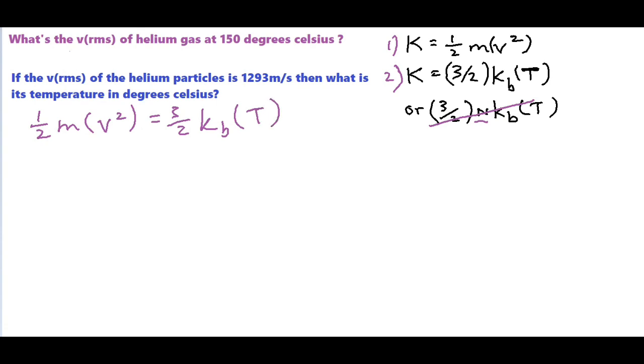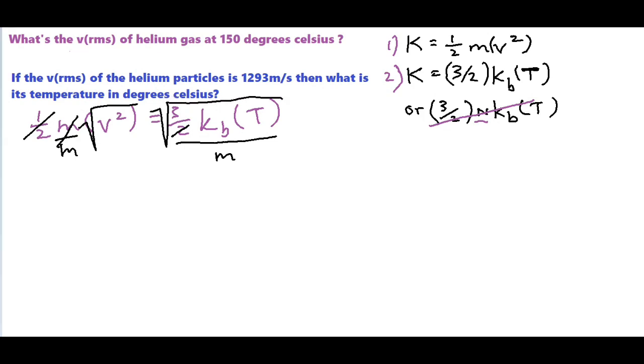Now, if we do a bit of rearranging to solve for v squared, we can multiply both sides by 2, which is going to get rid of our 1/2, and then the 2 in the denominator over here. And then we can divide both sides by m, which cancels it on the left side, and then finish off by square rooting each one of the sides.